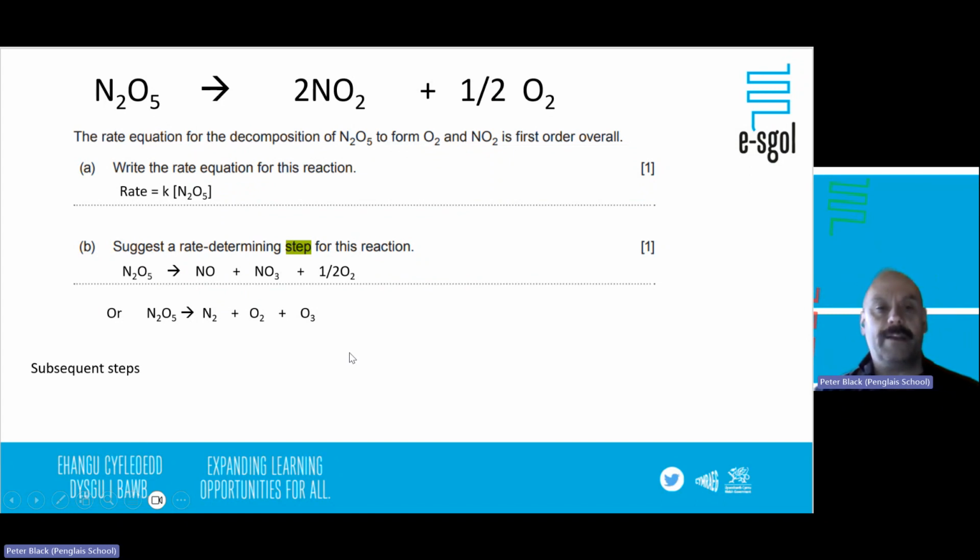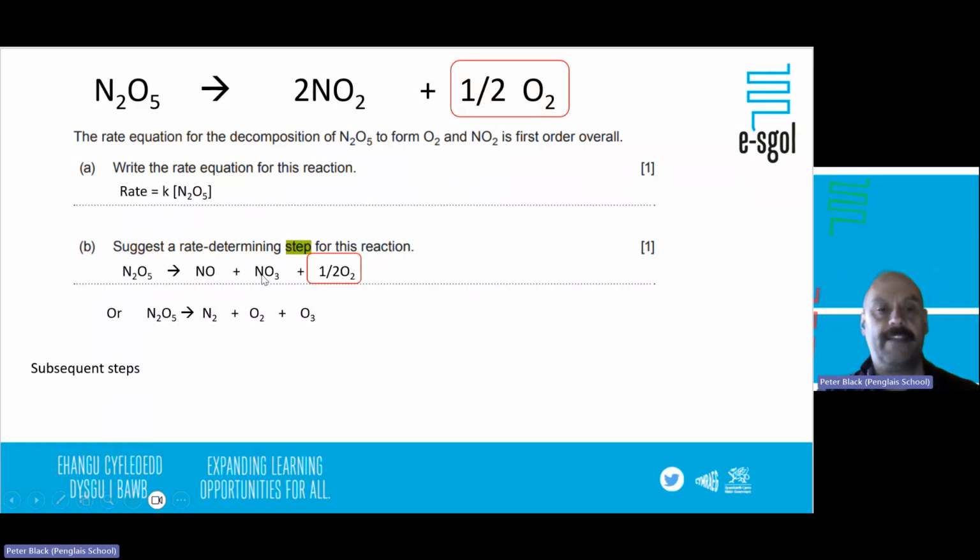I just thought we might look at the subsequent step as well. I quite like doing these mechanisms. So I'm just going to go with this proposed mechanism here. If you look at my proposed mechanism, in the first step I've actually produced one of my products, so there's the half O2. And then you can see these two things.